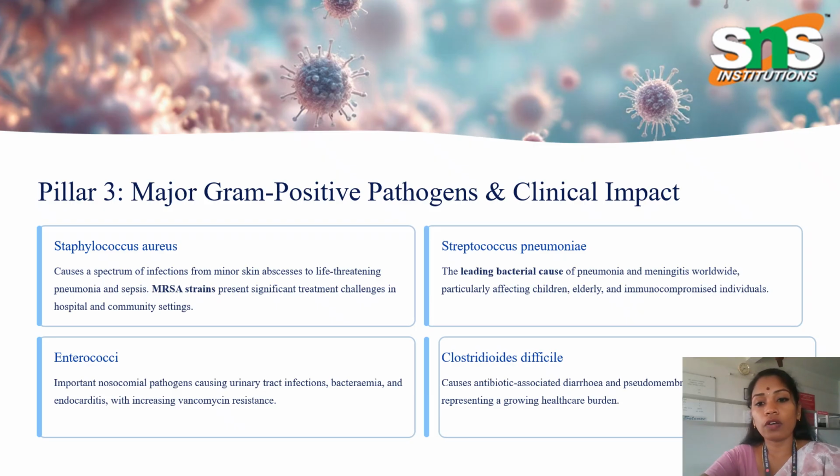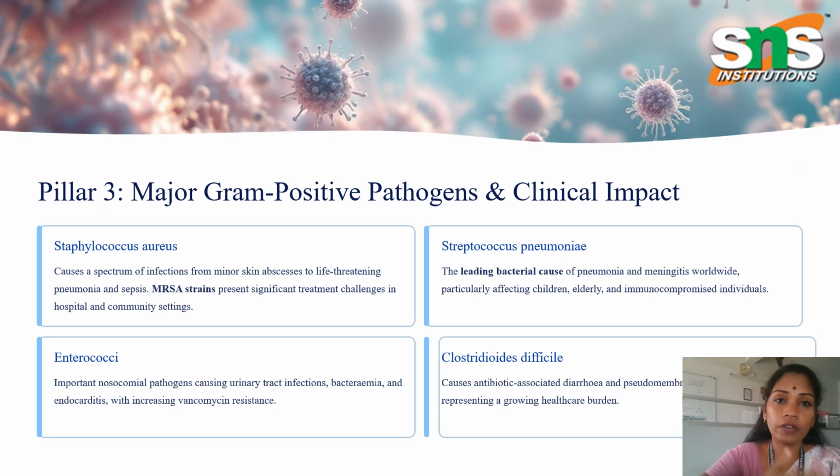Next is Streptococcus pneumoniae. It is a pneumonia-causing bacterium, causing pneumonial fever and pneumonial infection. It particularly affects children, including those in the early stages of childhood, and immunocompromised patients.